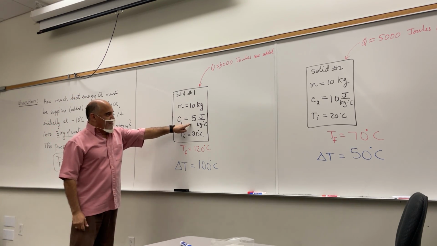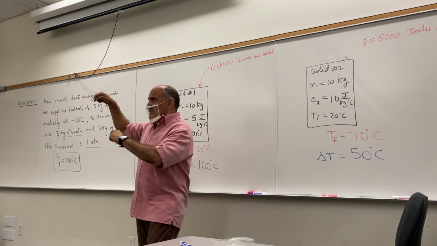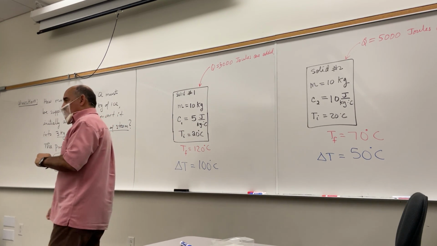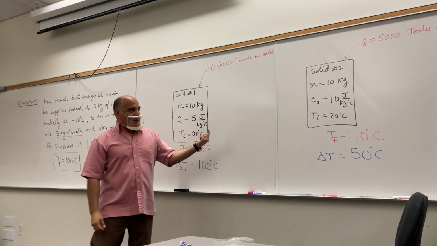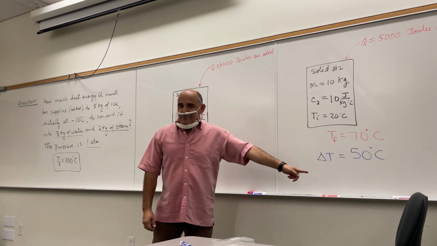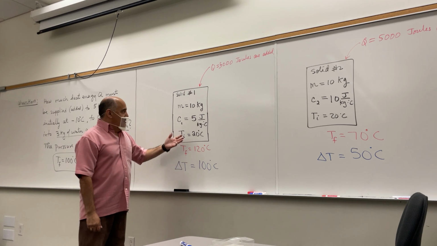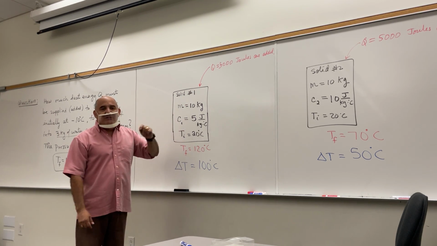Notice, just like the higher the mass, the more difficult it is to change the translational motion, the higher the value of the specific heat, the more difficult it is to change its temperature.